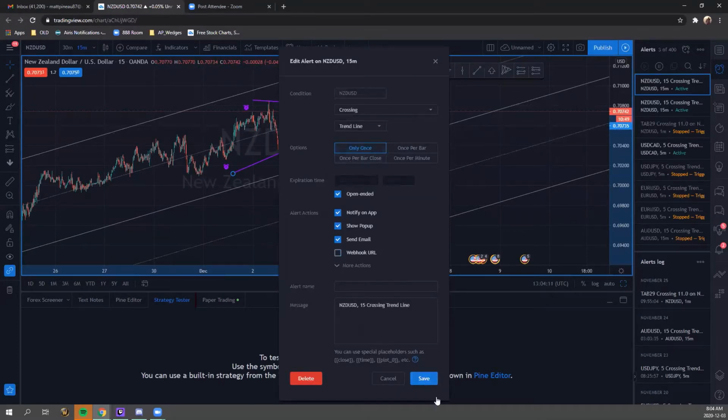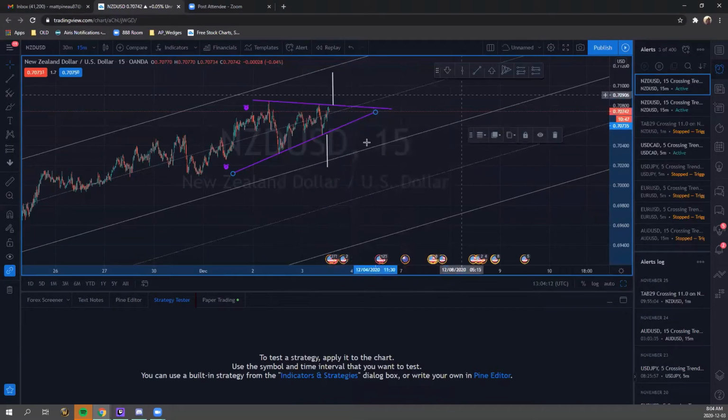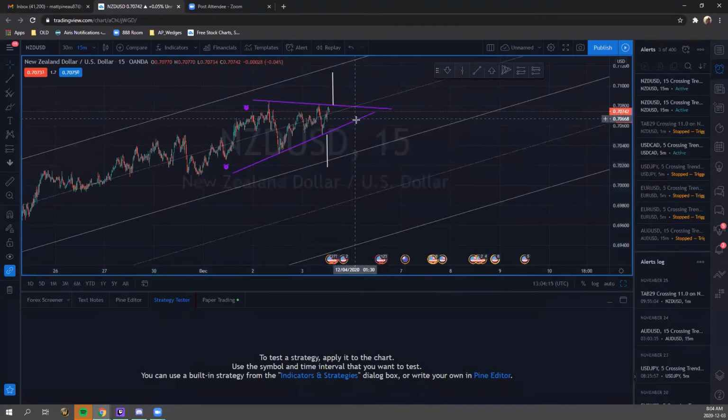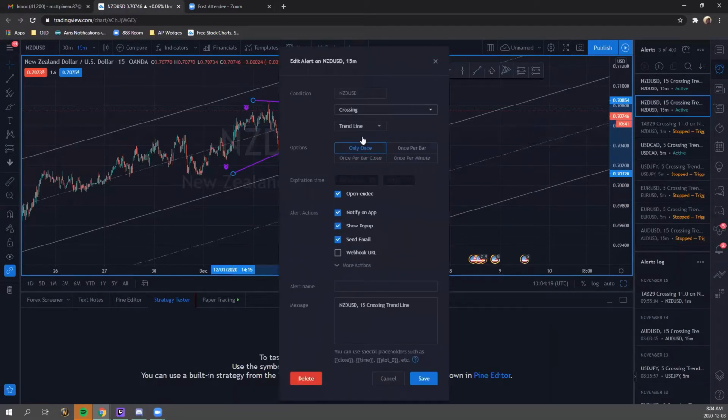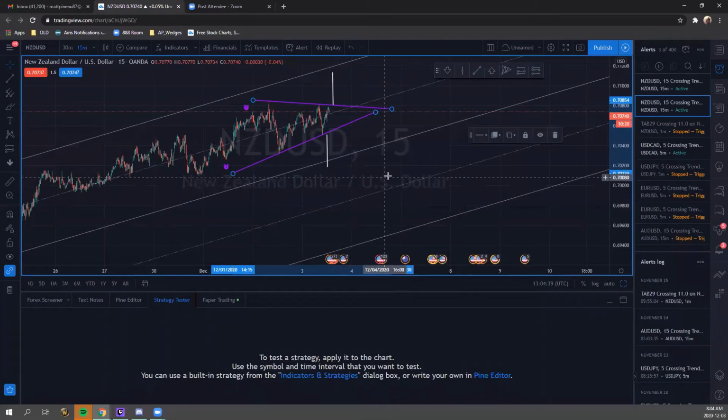If you put bar close, that means it's going to close on the 15-minute, which is, for my liking, too much of a wait. It takes too long to get into the entry. Just only once means as soon as it crosses, it's going to alert me. Once per bar close alerts once the bar closes beyond that line, and then there's once per minute, of course. So there's a couple settings depending on how you feel.